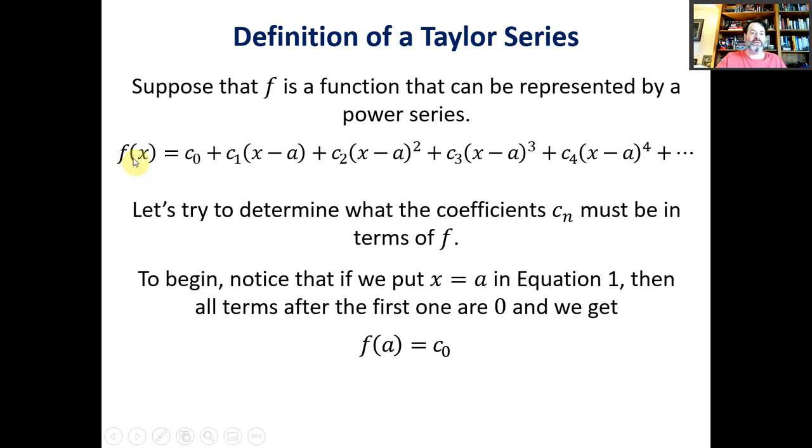So at the point a comma c0, the actual function f of x and its power series representation touch at least at that point. Maybe they touch at other points too, but we're just building this thing from scratch.